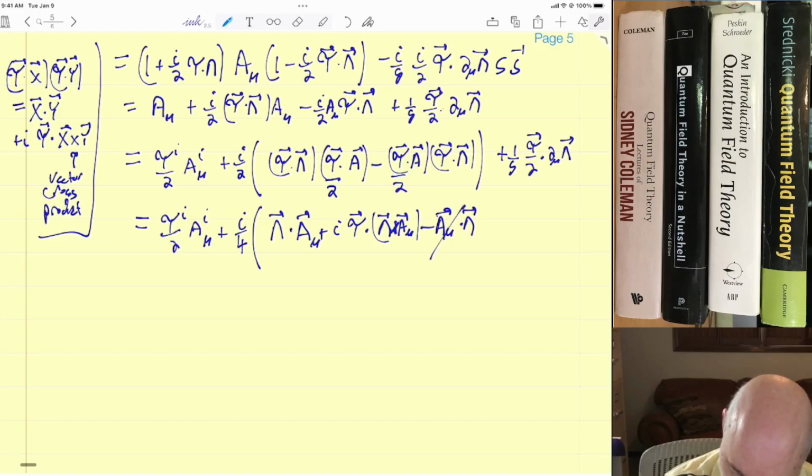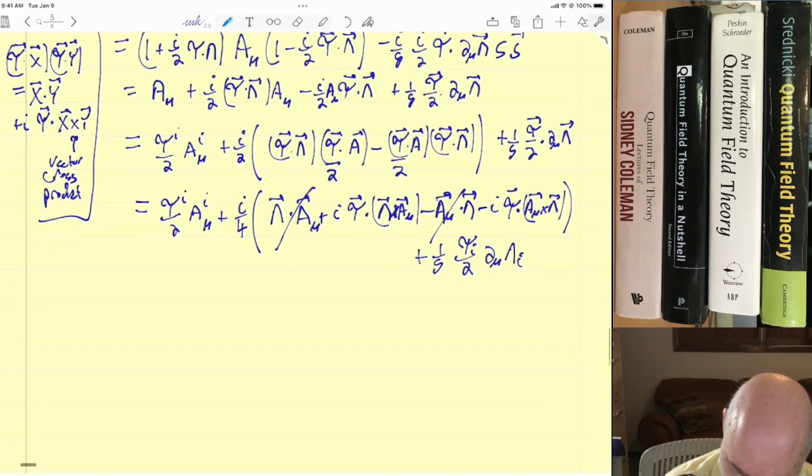These two cancel over here because for dot products, the order doesn't matter. Minus i tau dot A mu cross lambda, plus 1 over g tau i over 2 partial mu lambda.